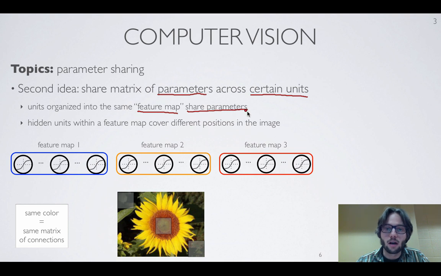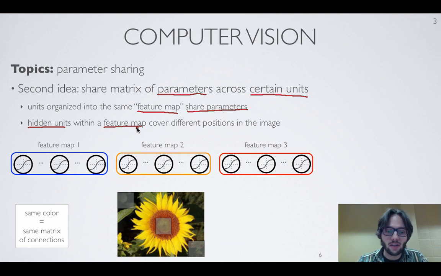That is, the value of the weighted connection between a hidden unit and its receptive field input from the previous layer will be exactly the same, the same values of the same connections. The hidden units within the same feature map distinguish themselves by being connected at a different position, a different receptive field centered at a different position in the previous layer.